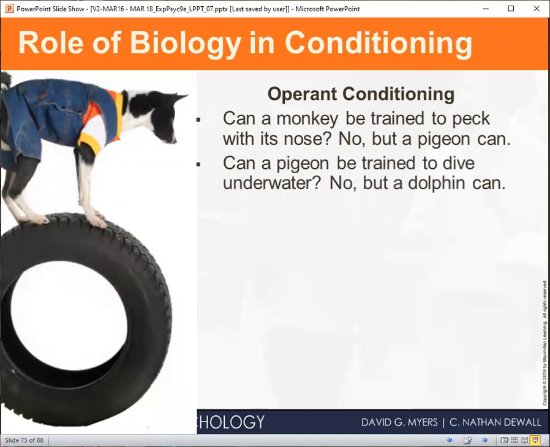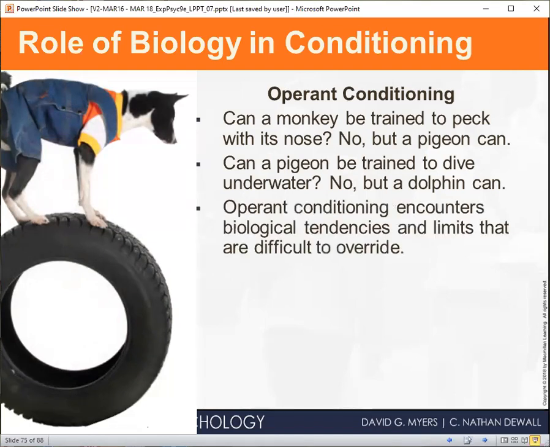A pigeon can be trained to do a variety of things, but it has to be something within its behavioral repertoire that it could do. So can a pigeon be trained to dive underwater? No, but a dolphin can. Can a dolphin be trained to peck with its nose? No, but a pigeon can, because a dolphin naturally does dive underwater, and a pigeon naturally does peck with its beak.